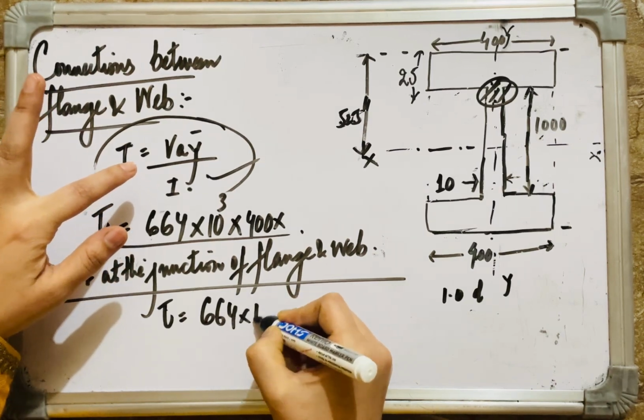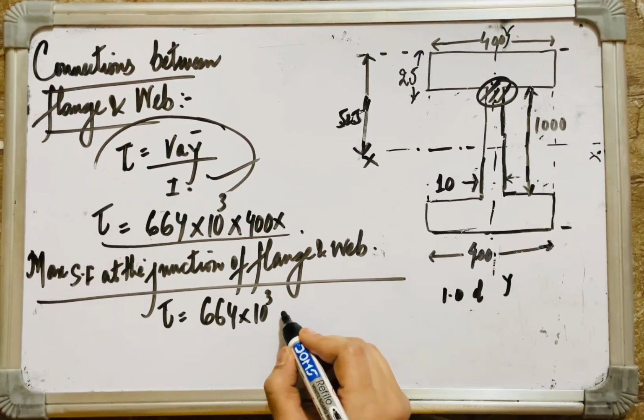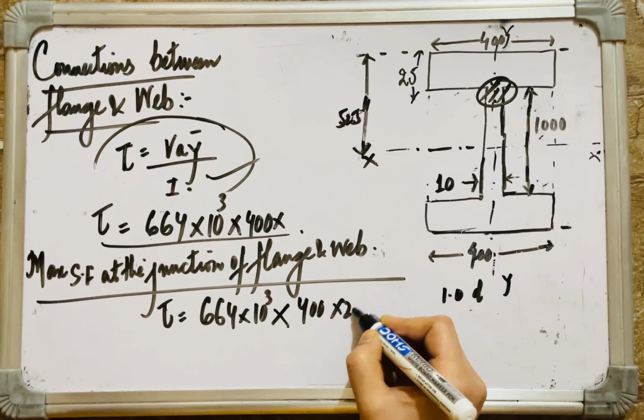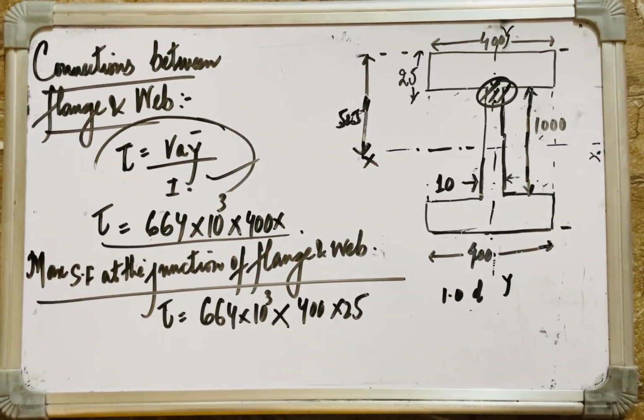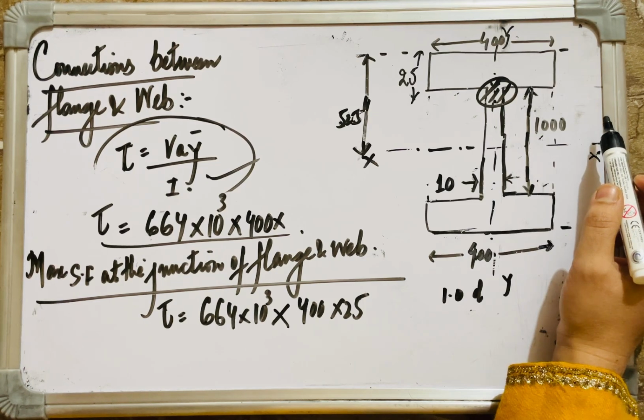664 into 10 raised power 3 is the design shear force, or the shear force at the section. A is the area of the flange. It is 400 into 25. Y bar is the distance of the centroid of area from the neutral axis. How much is that? This is 1025 divided by 2.